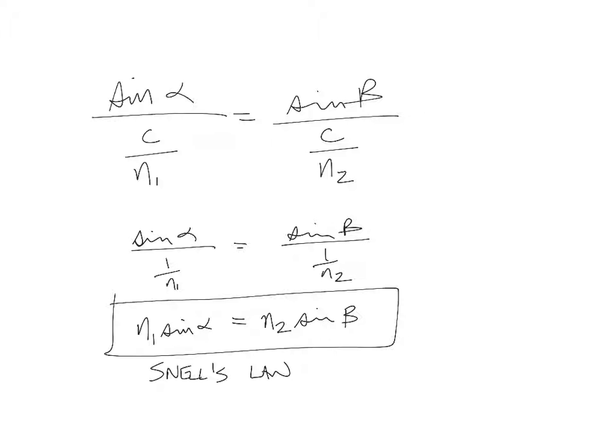So we could have N1 to N2 equals sine beta to sine alpha, whatever floats our boat. So we could solve for indexes of refraction, we could solve for angles of incidence or refraction, etc. All right, so Snell's law, that's kind of its classical form there. And I was almost right on the last screen. So that's where it comes from.